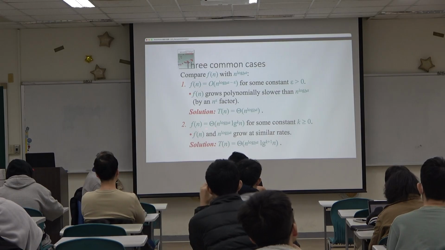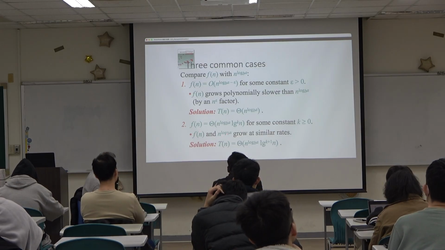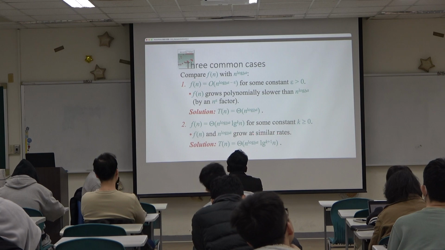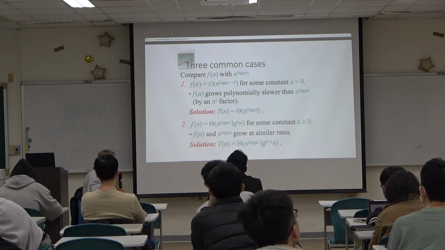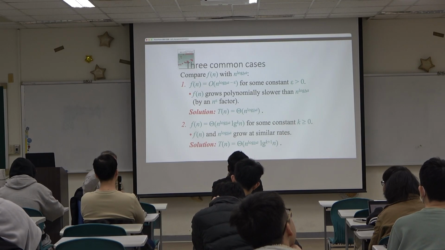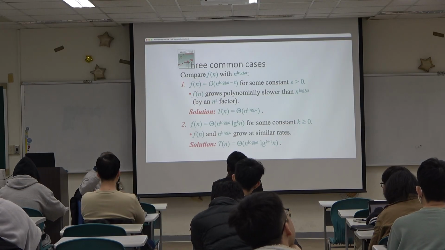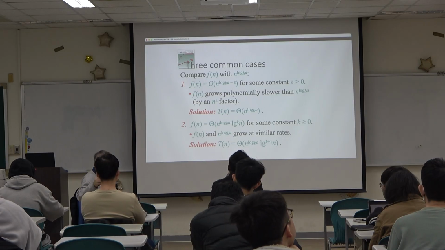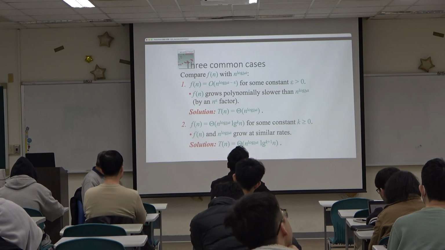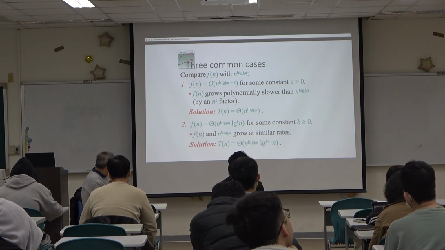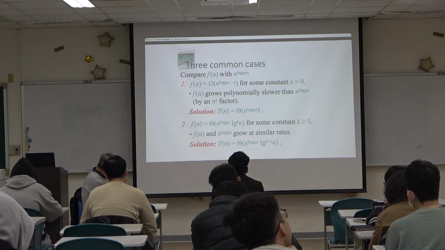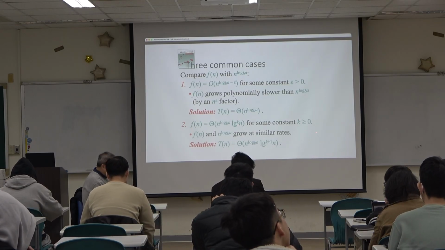I mean, this f(n) and n to the log base b of a grow at a similar rate, you could say that. Yes, f(n) grows slower than n to the log base b of a, but only slower by a sublinear factor, like by a log n order. Usually this is satisfied, but the issue is this has to be log to the k of n where k is greater or equal to 0.